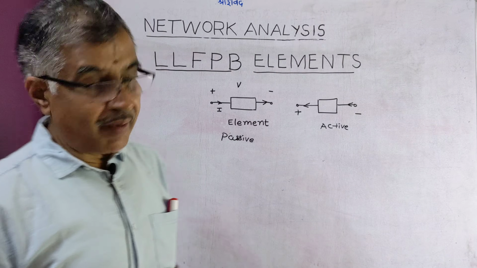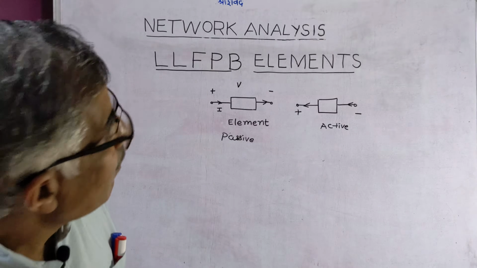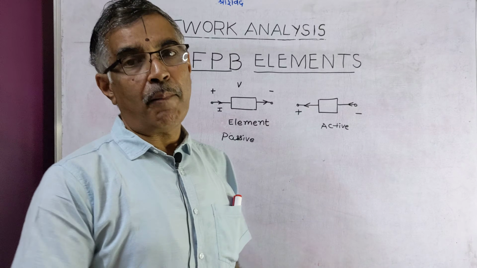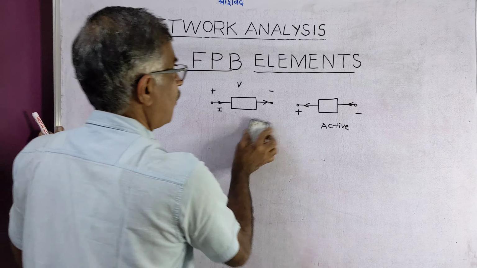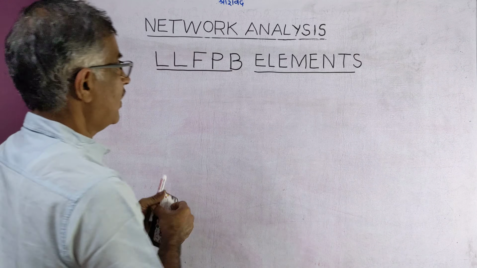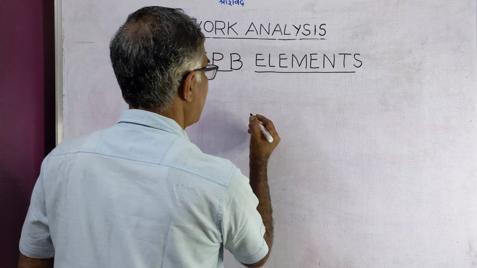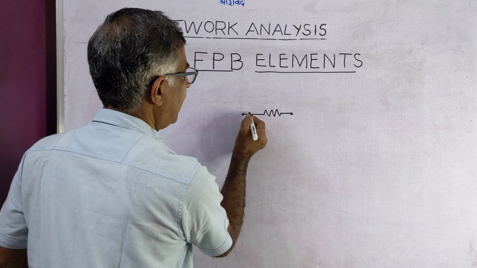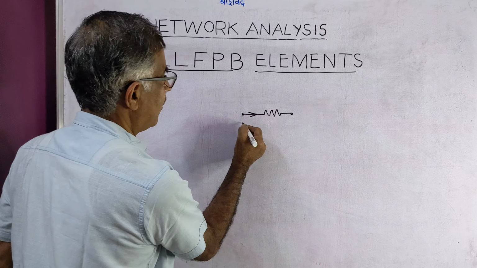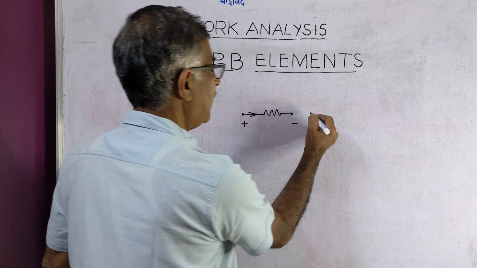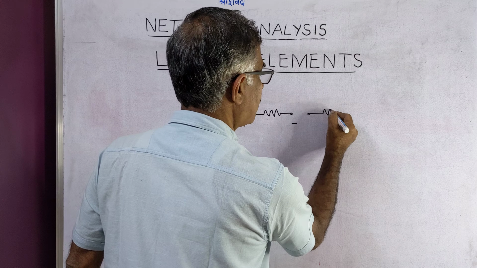And lastly, bilateral. Bilateral elements mean conduction in both directions. For example, a resistor is a bilateral element. It conducts current in this direction when this is plus and this is minus, and it equally conducts in the other direction also.